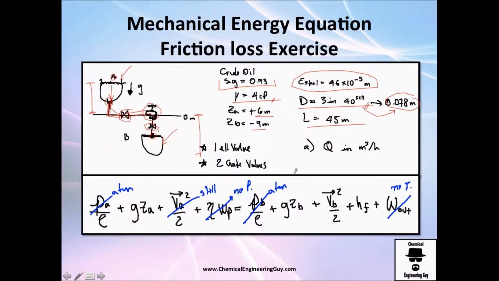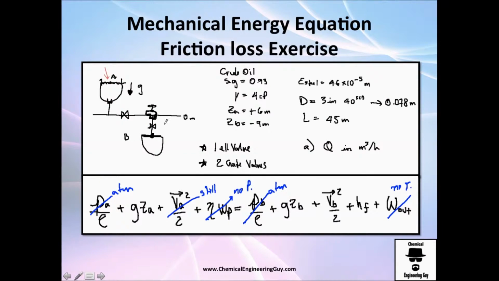Perfect. The question will be, what is the volumetric flow rate? For this you need to calculate velocity, but we don't have velocity, so we need to use our mechanical energy equation. Just recall that we're using letter A right here and letter B right here.